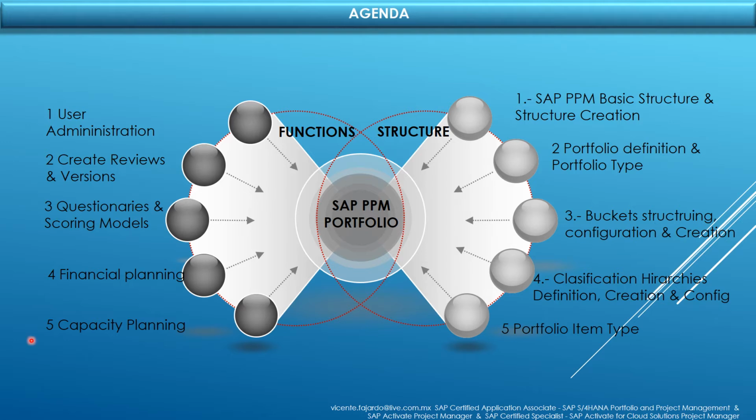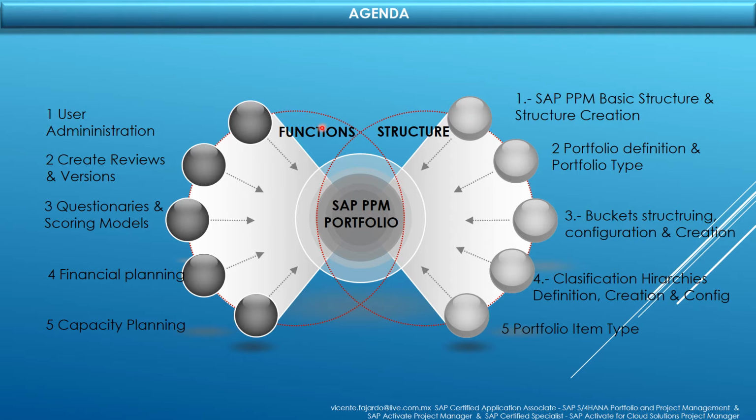Well, we will start with the second part of this course. At this point, we have finished the portfolio creation. We have defined the structure and we have defined the different elements that our portfolio needs to be managed.